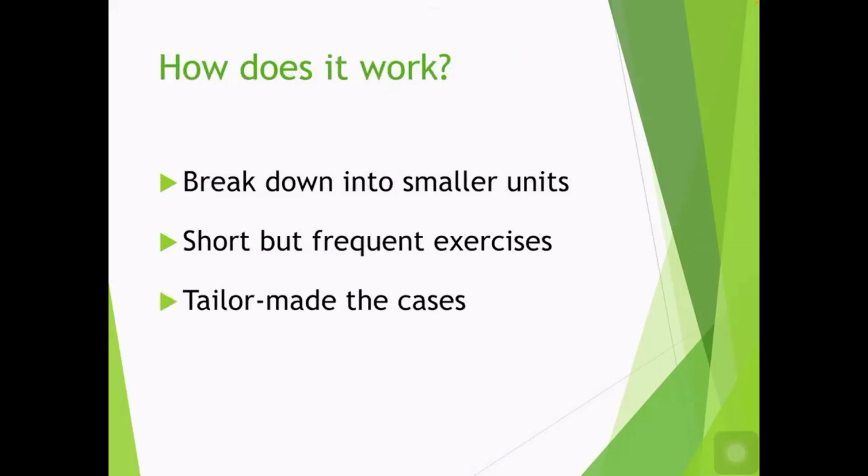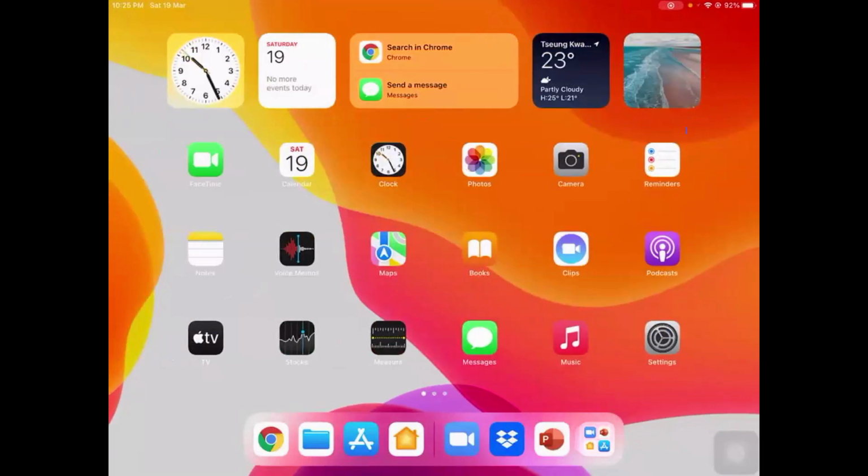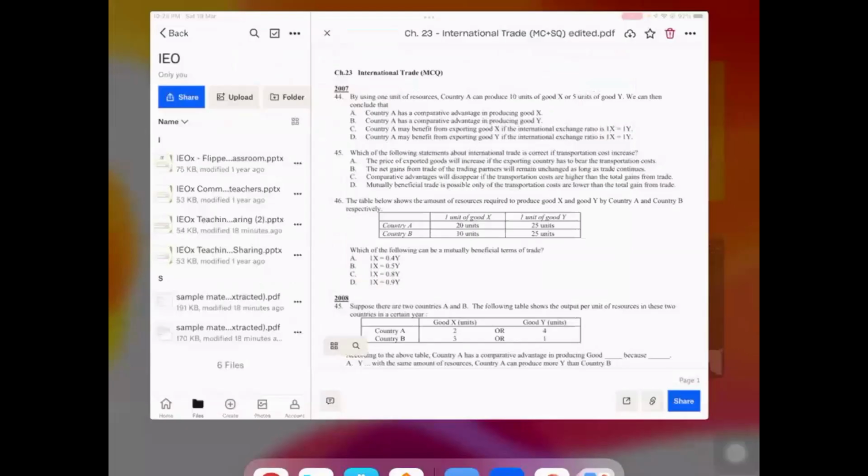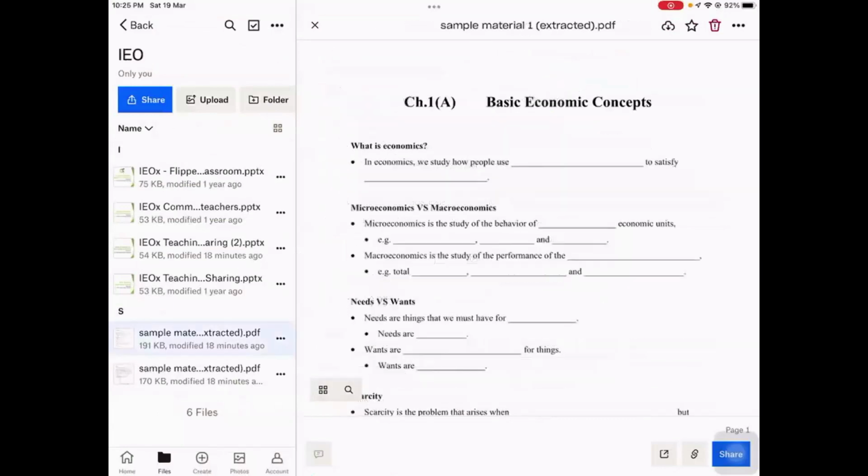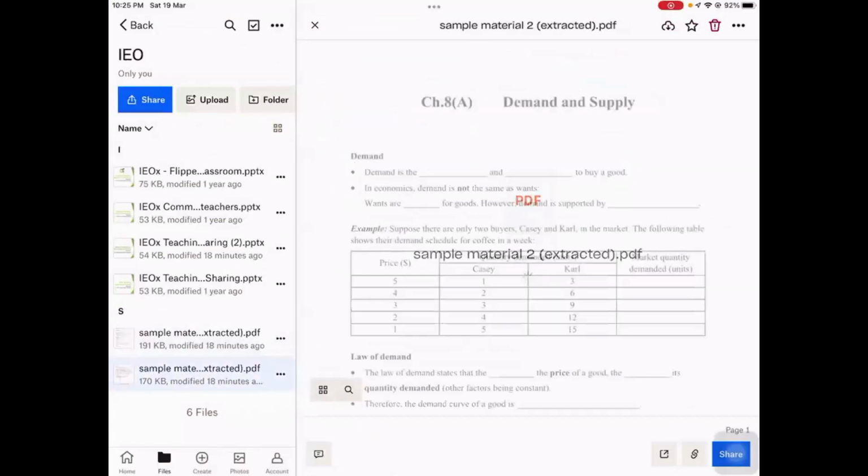So I will share with you some techniques or strategies to teach junior grade economics. In economics, there are units or chapters. For example, demand and supply is usually a chapter. But to deal with junior students, I will break it down into smaller units, which I will give you an example of now.